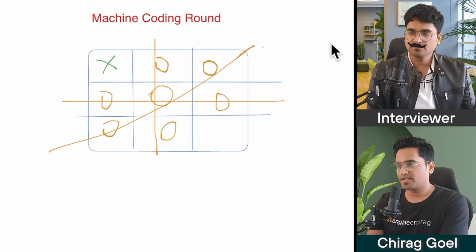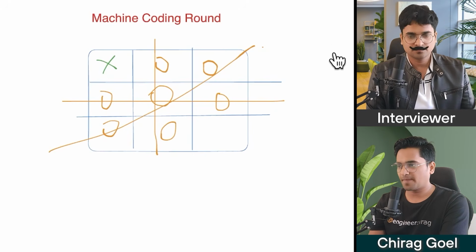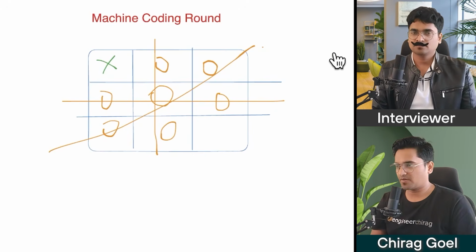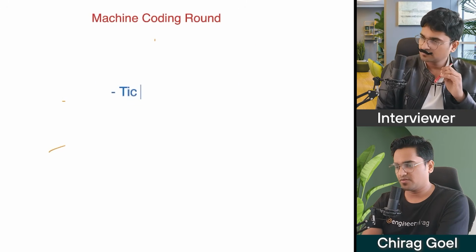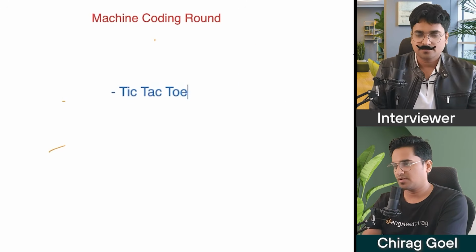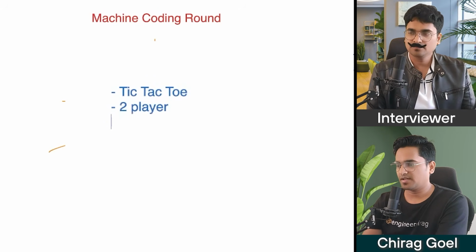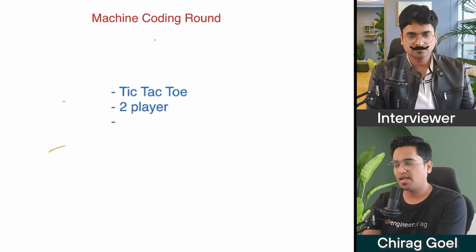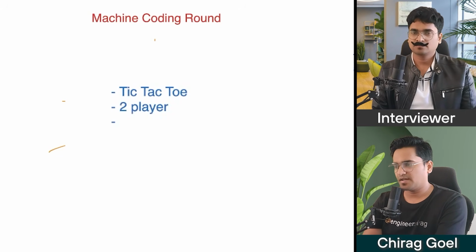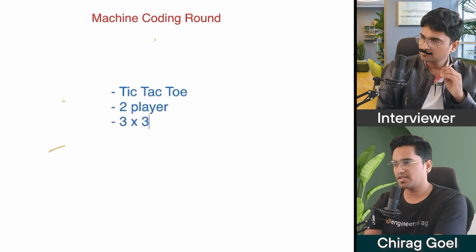So basically what we are saying, let me quickly try to phrase certain things and maybe we can talk about. So we are saying this is tic-tac-toe game. This is a two-player game if I'm correct, right? Let me note down the other thing. This is a two-player game, and what we have. Okay, so maybe this is a 3x3 grid basically.